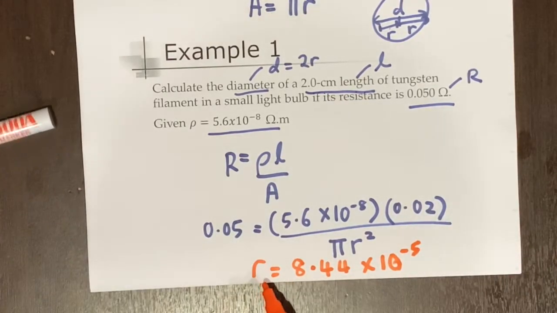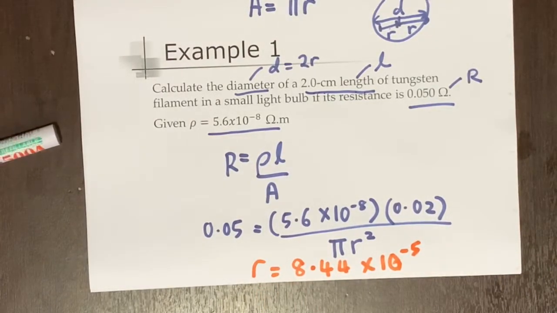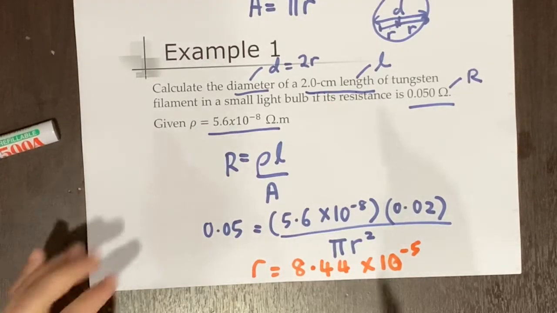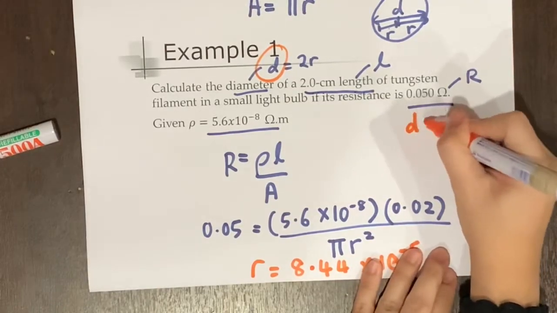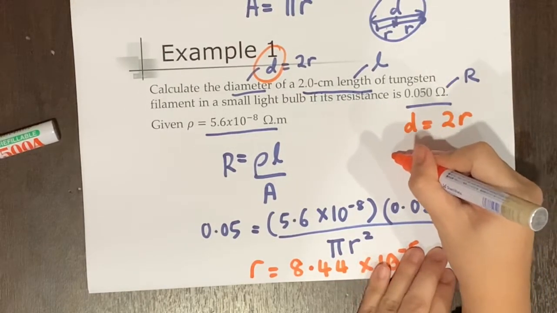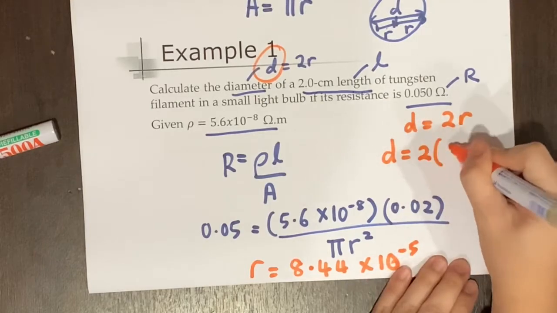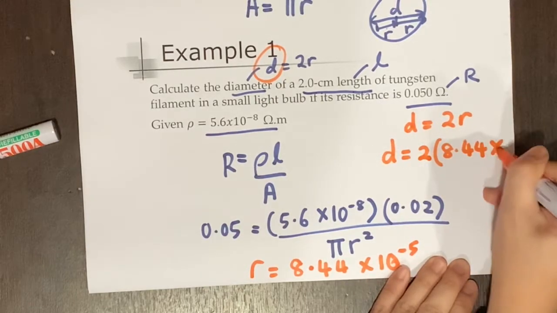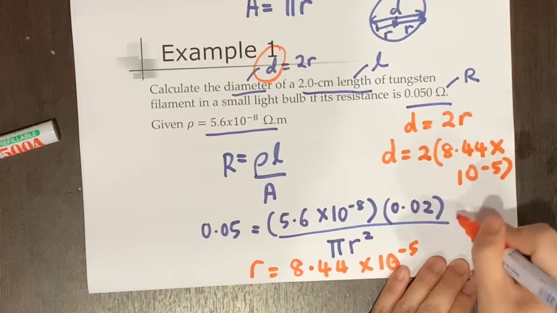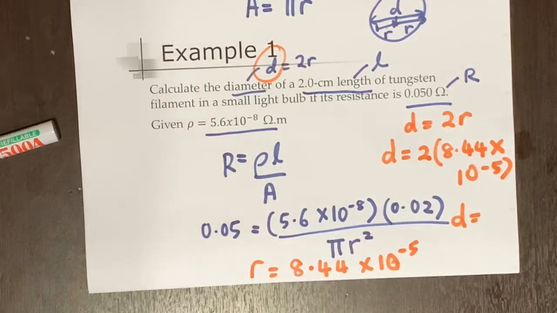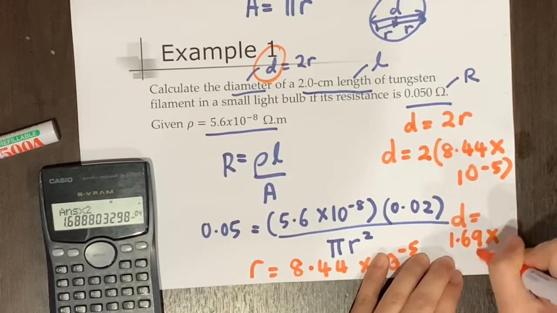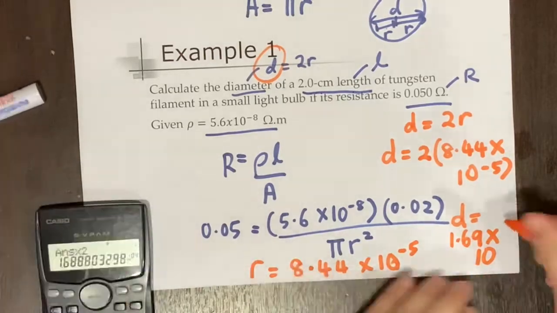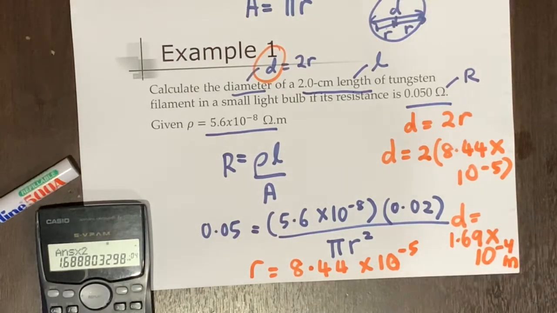But is it the real answer? No, it's not the real answer because you are asked for the diameter. So diameter is equal to 2r, which is 2 times 8.44 times 10 to the power of negative 5. So diameter is equal to 1.69 times 10 to the power of negative 4 meter.